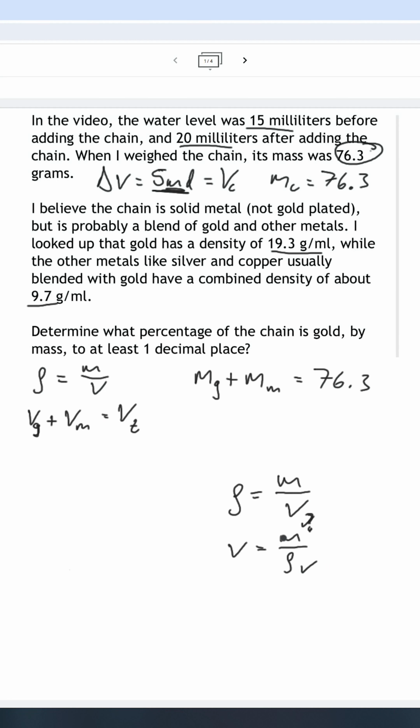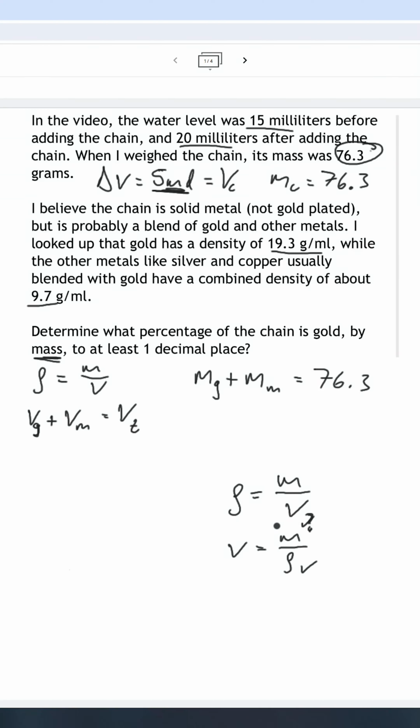Now, why is it that I wanted the relationship between the mass and the density? Because you have to know what is the percentage of the chain that is gold by mass, all right? So we want equations that are going to work with mass. And on these equations that we already did, we already have a relationship with mass, right? So that is why I wanted to make another equation that has mass on it.